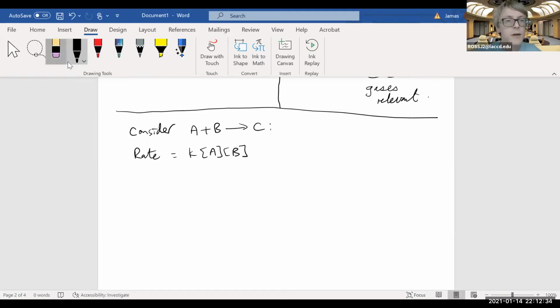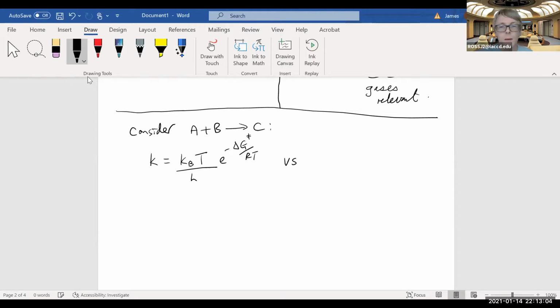Without going into too much thermodynamics, I'll just make it even simpler. Let's look at what we have. So Boltzmann's constant temperature over Planck's constant, e to the minus... Compare it back with the Arrhenius equation.